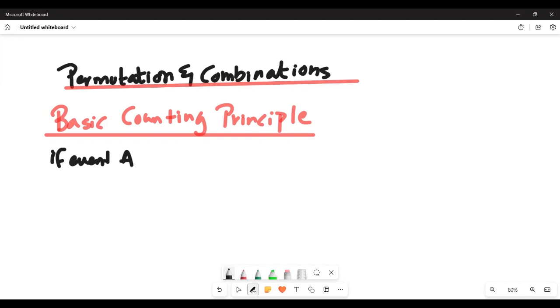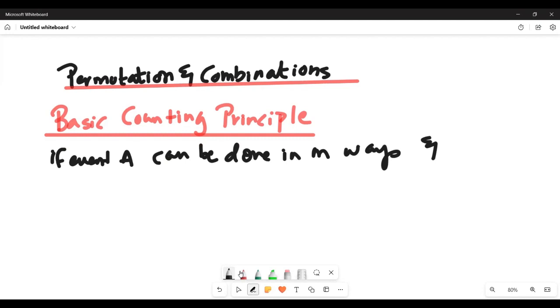A can be done in M ways and, instead of event, let's write task.